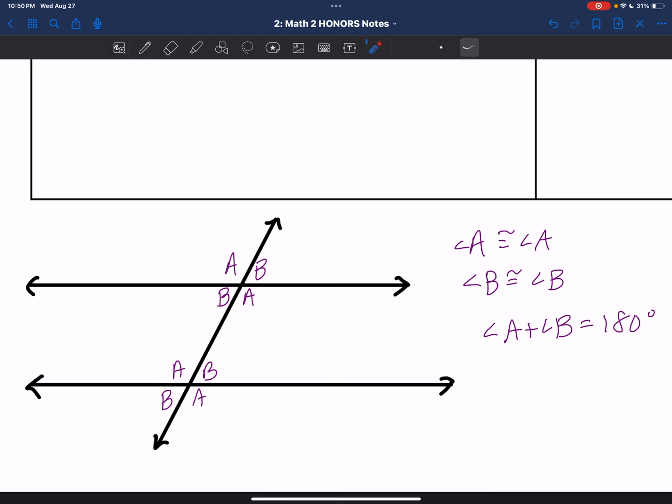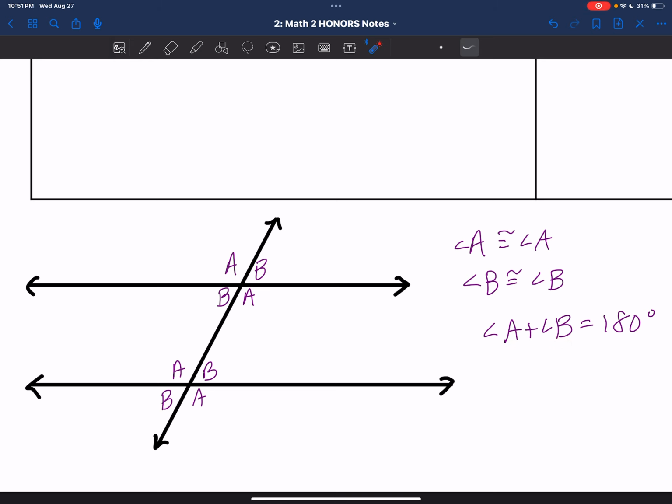So when you're looking at this, you're going to notice that if you have the same letter, your angles are going to be congruent. Right? If you were to have angle B and angle B, like this and this, those are going to be congruent. Now, if you have different letters, they're going to equal 180.